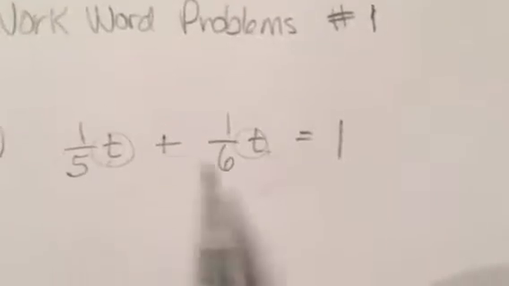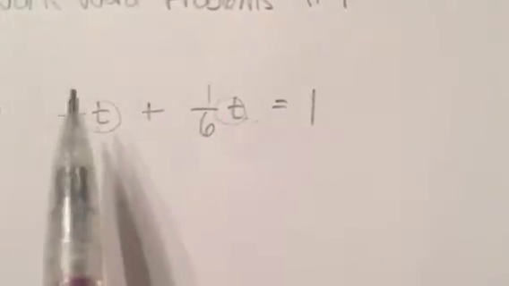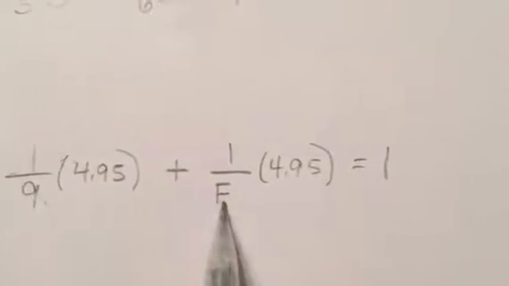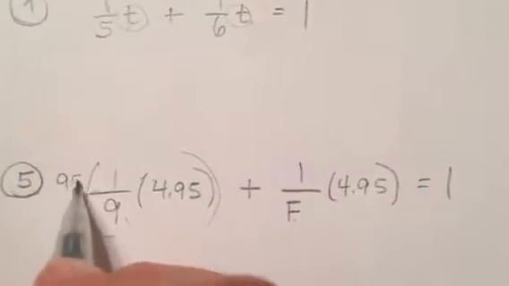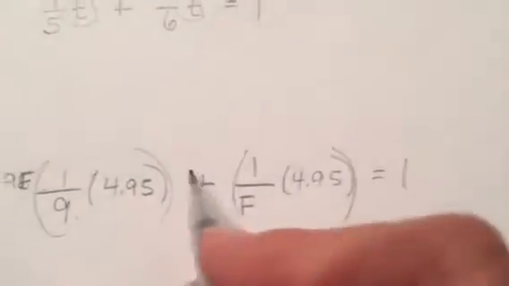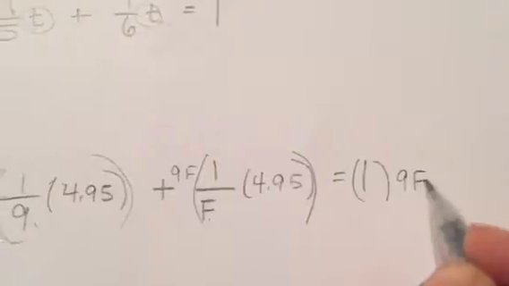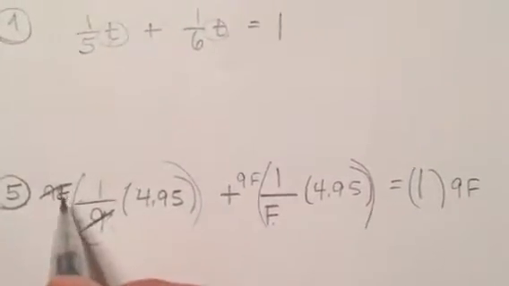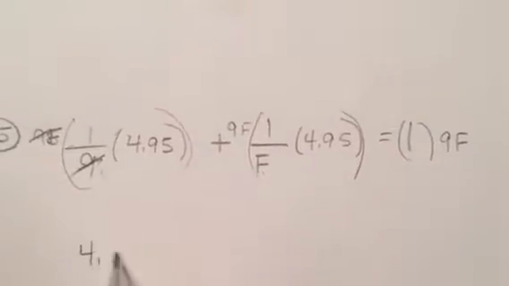Up here, my common denominator was 30, so we multiplied everything by 30. Here I'm going to multiply everything by 9F. Notice my 9's cancel, so I've got F times 1 times 4.95.